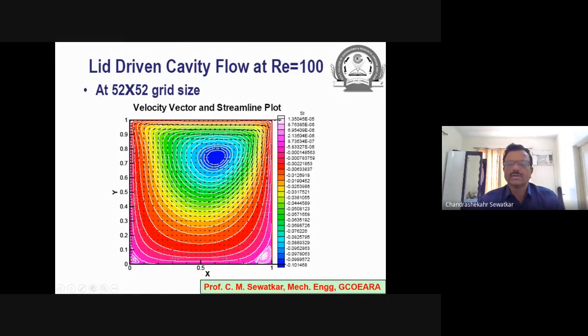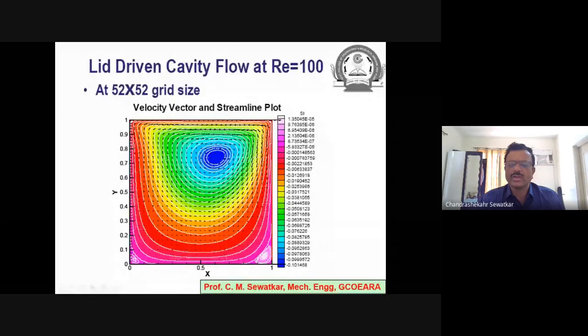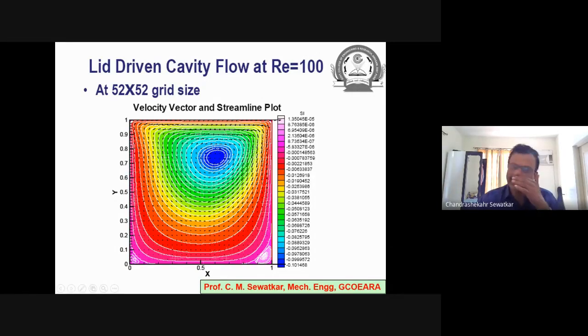These contours are drawn in flooded as well as line form, superimposed over each other. The lines indicate the streamlines, and there are small arrows. The size of the arrow indicates the magnitude of the velocity, which is also drawn in the form of color bands. The legend is shown here.